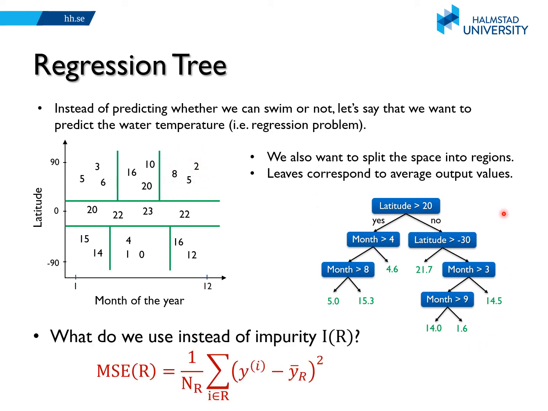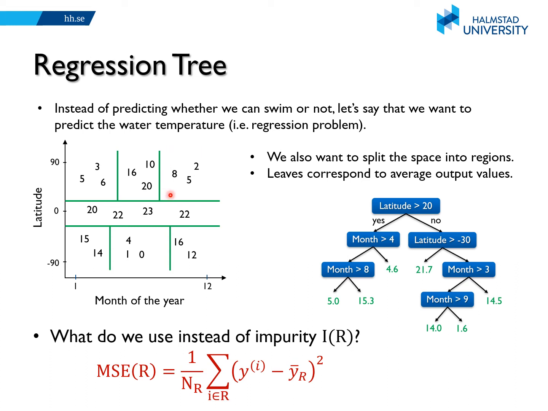And to construct the regression tree, we do the same thing as what we did previously, but instead of using the impurity I_R, the impurity of a given region R, we use the mean squared error. So for a given region R, this sum here goes over all the data points or all the outputs in that region.